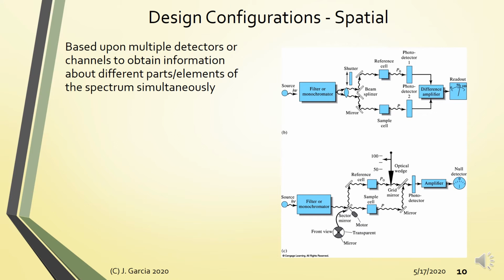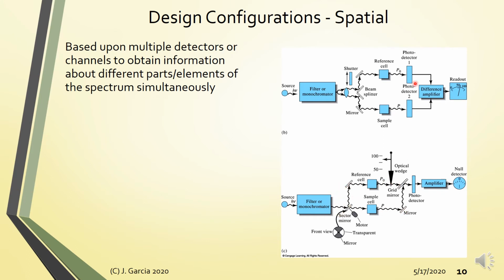So basically here, either you have two detectors, such as this one, or you have a beam chopper. The beam chopper allows you, even though you have only one detector, to read yung reference cell, then afterwards the sample cell alternatingly.